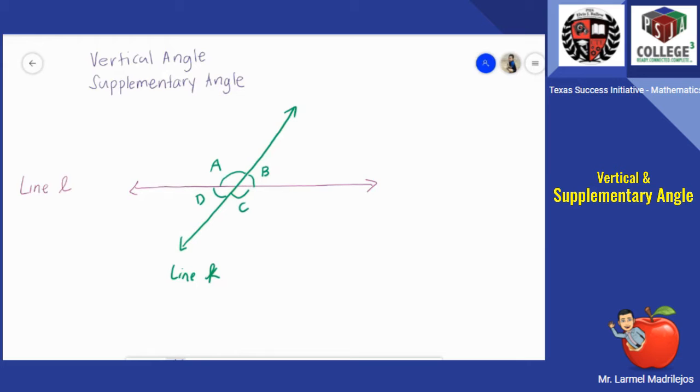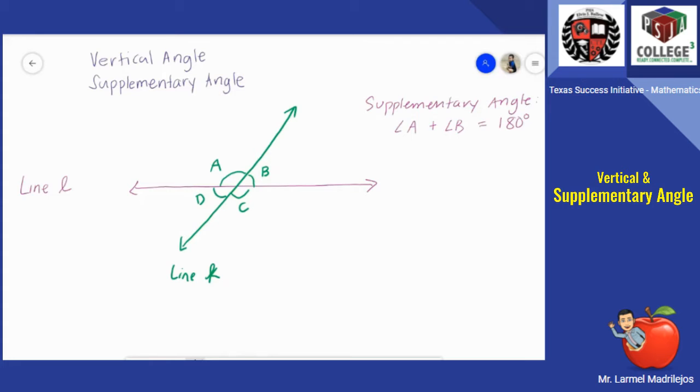I'm going to start with supplementary angle. Supplementary angles are two angles that, if you add or take the sum, the total is 180 degrees.